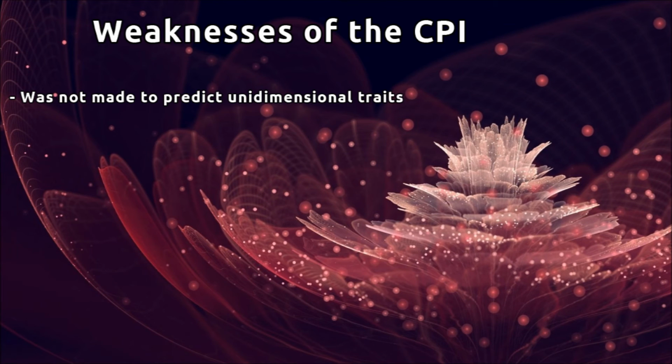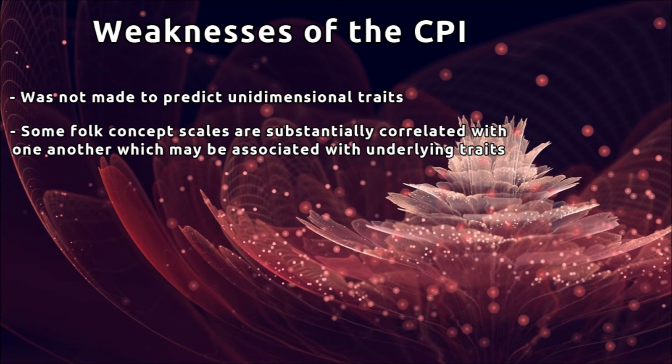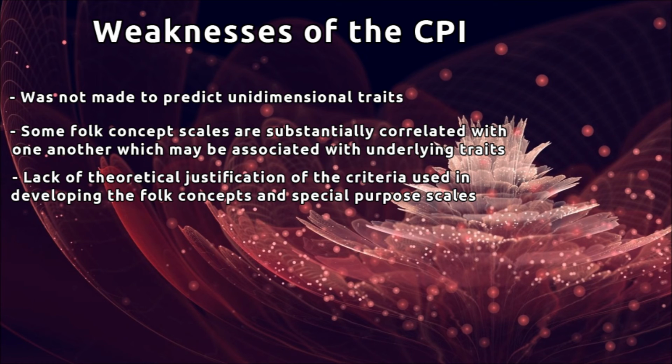The weaknesses of the CPI are that it was not made to predict unidimensional traits. Some folk concept scales are substantially correlated with one another, which may be associated with underlying traits. Lack of theoretical justification of the criteria used in developing the folk concepts and special purpose scales.